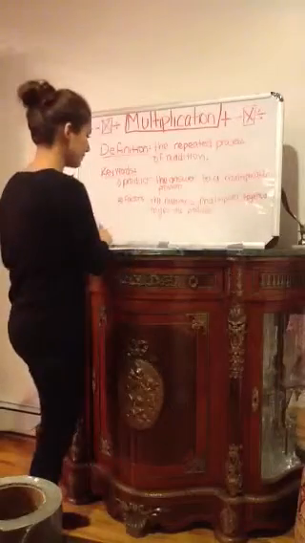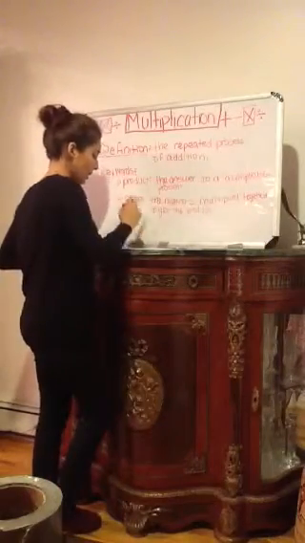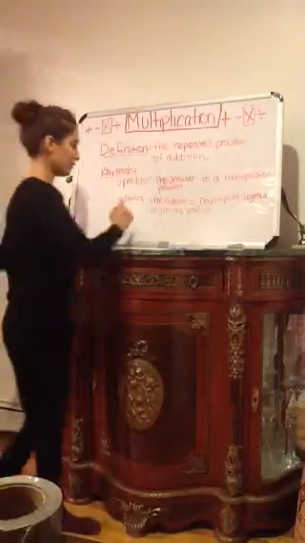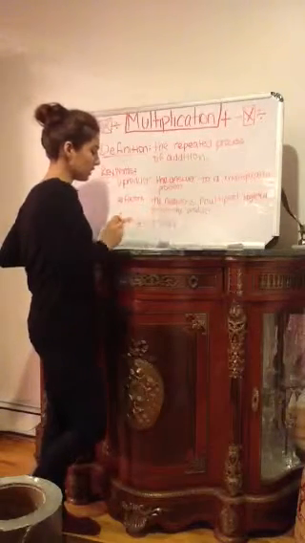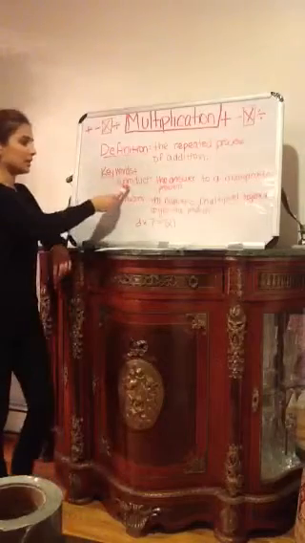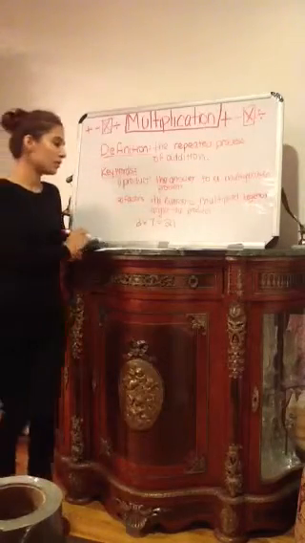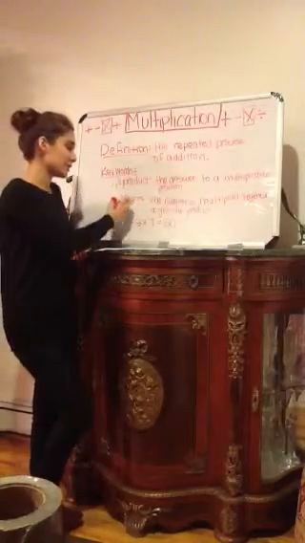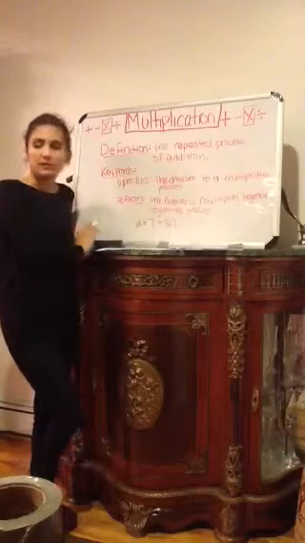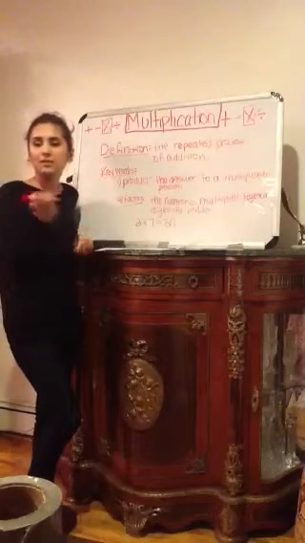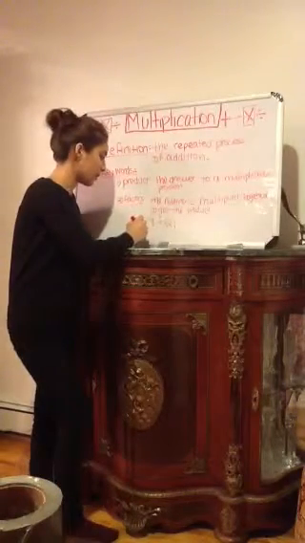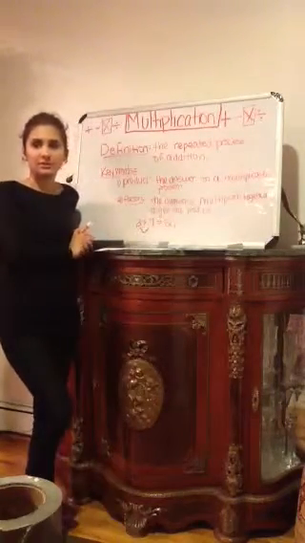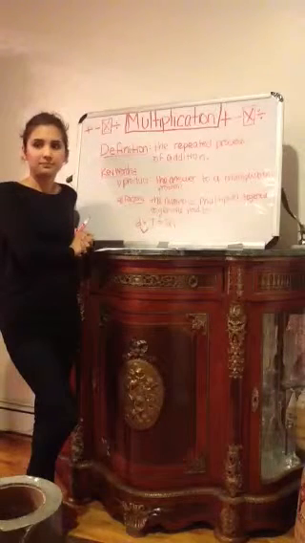So for example, in our previous example we had the equation 3 times 7 equals 21. By looking at the keywords and their definitions, who can point out the factors of this equation? Yes, Susan? 3 and 7. Correct. Now why are 3 and 7 the factors?